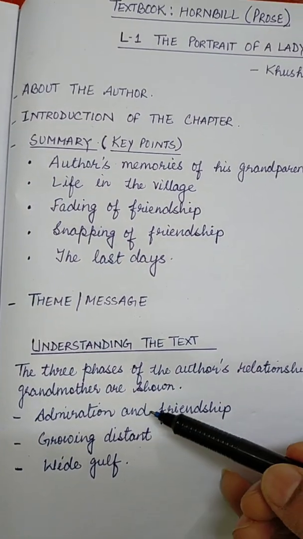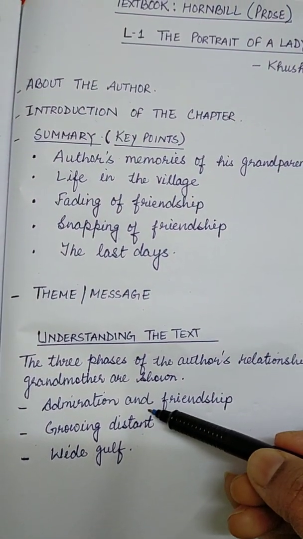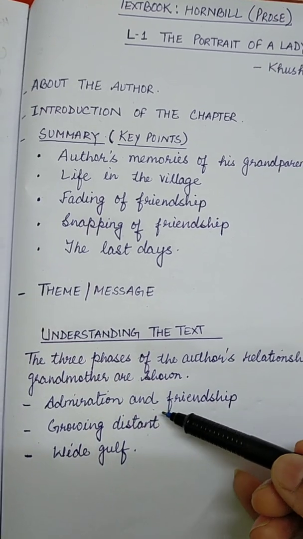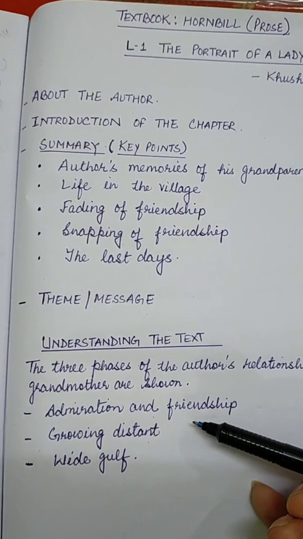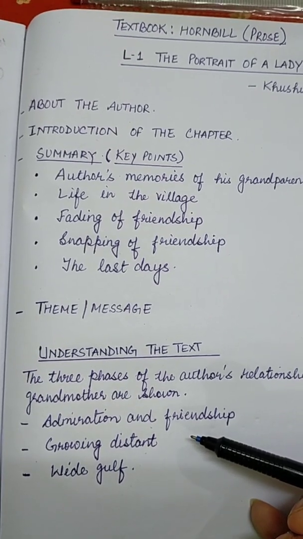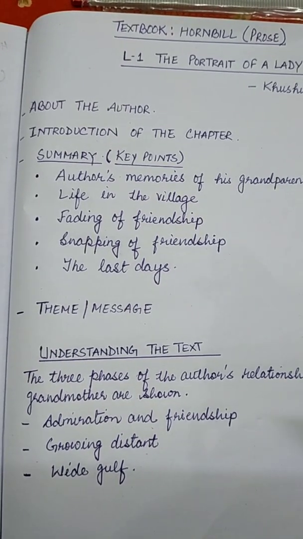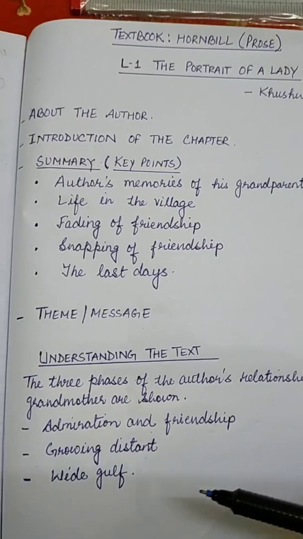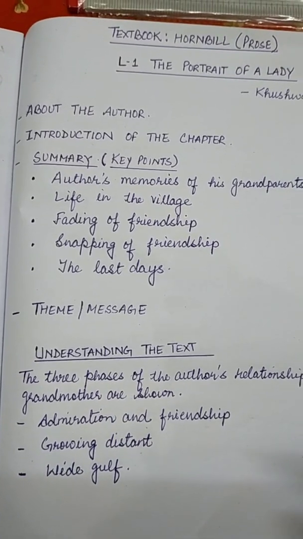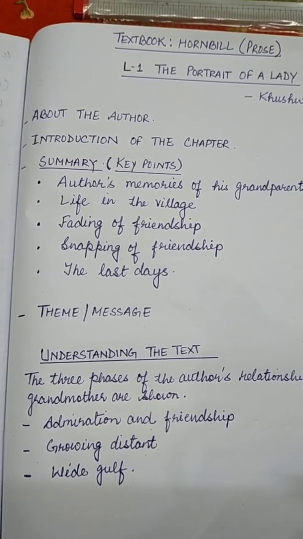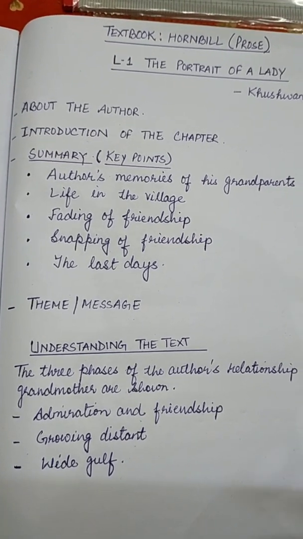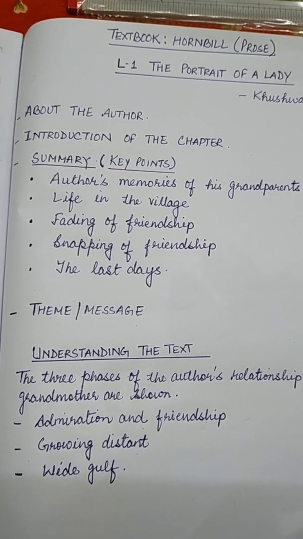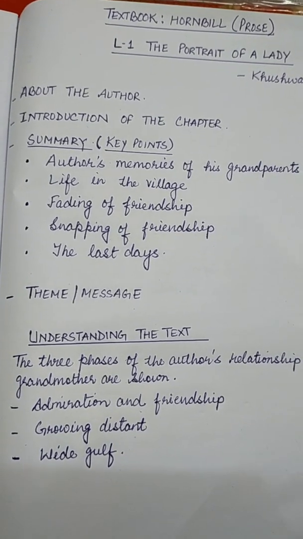Now what you can write in the first phase, that is admiration and friendship, is that the author admired his grandmother and described her as the winter landscape in the mountains, an expanse of pure white serenity, breathing peace and contentment. So these are the phrases and expressions that he has used to describe his grandmother and her beauty.